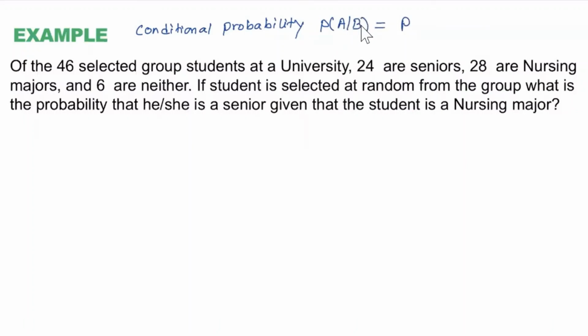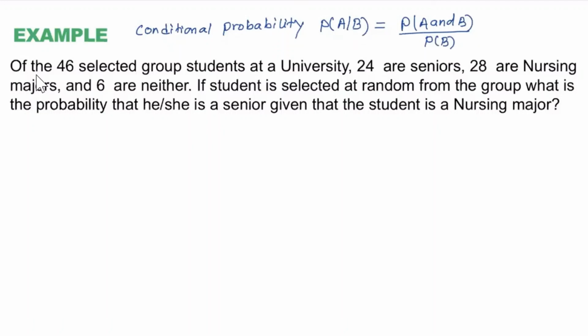You can write A and B or B and A. Either way it works. So A and B. And we have to divide by the probability of the event, which is after the slash. After the slash, we have B. So it will be divided by probability of B. So that is what we have here.